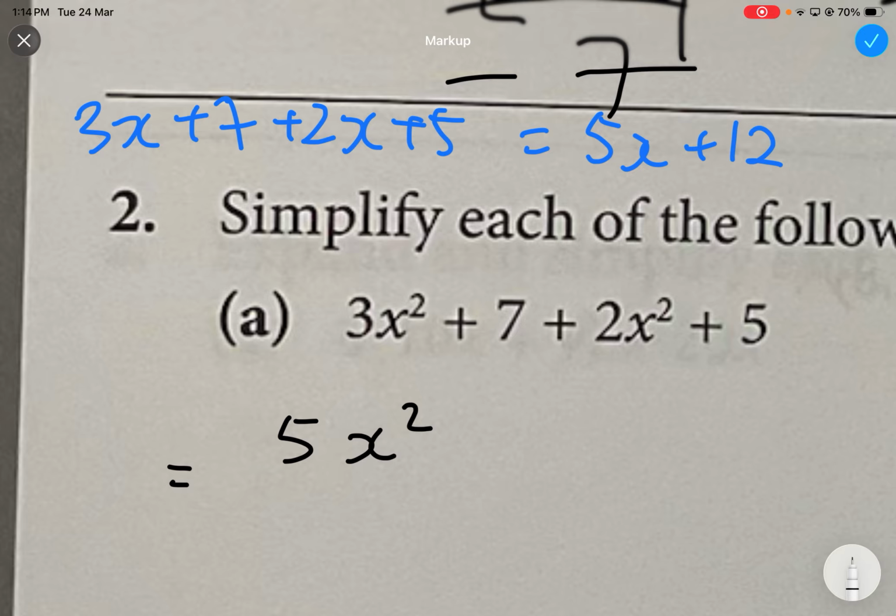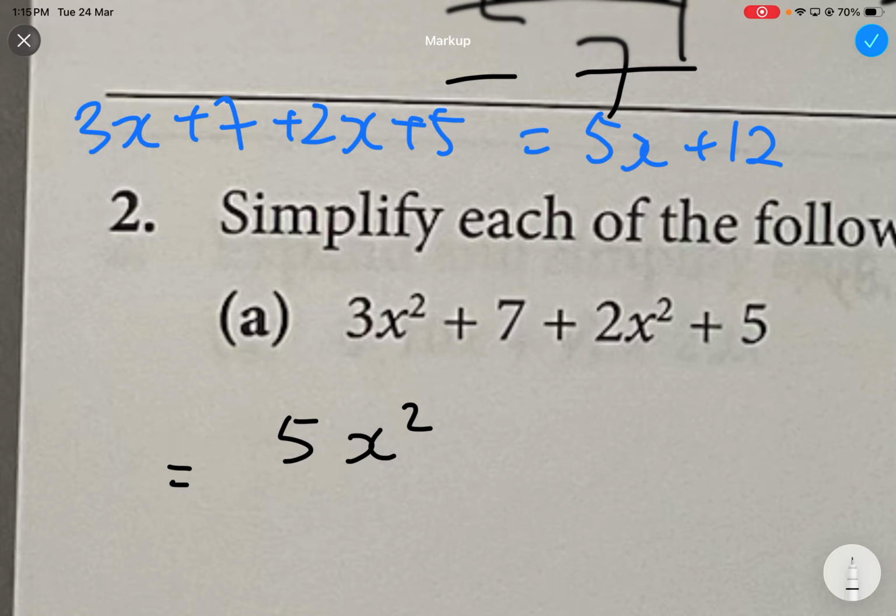Then let's take a look at part E. For part E, this time you have x squared term, you have x term, you have number term. So same one, x squared and x, they are different. I cannot add them together. So I must go and look for all the x squared terms.